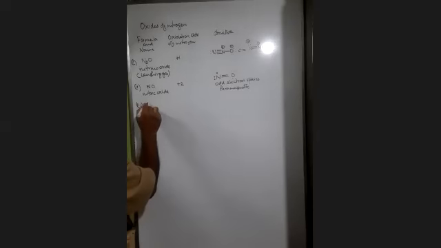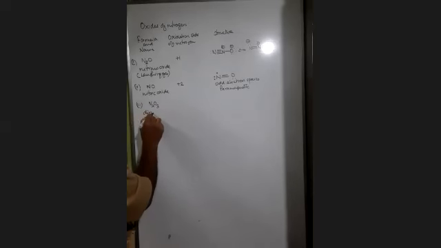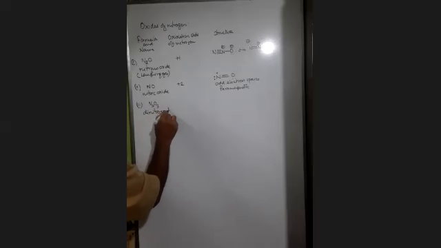Third is N2O3. This is called dinitrogen trioxide.